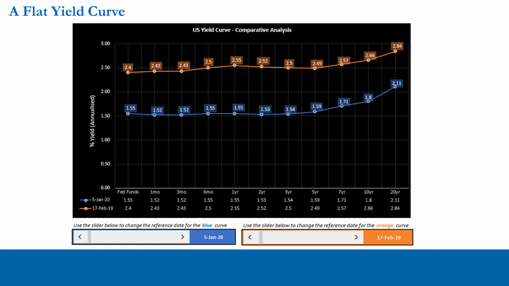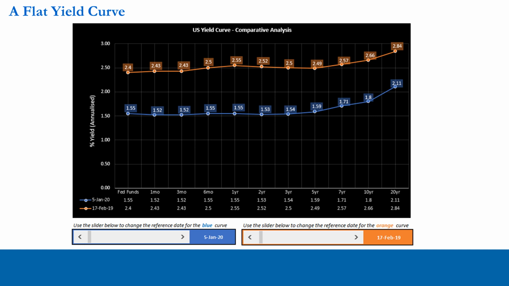So the 10s minus 2s was actually positive by January 2020. And the yield curve was in transition, going from slightly inverted to flat to going into positive territory, and then returning to a more normal situation of economic expansion and an upward, positively sloped, normal yield curve.